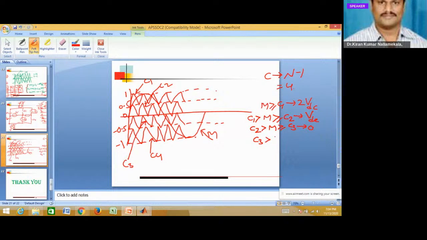If C3 is greater than M and M is greater than or equal to C4, that is minus VDC. If C4 is greater than M, then that is equal to minus 2 VDC. So first we have to generate all these voltage levels from the modulating signal and carrier signals, and then we have to add or merge the gating pulses to generate the appropriate gating signal.